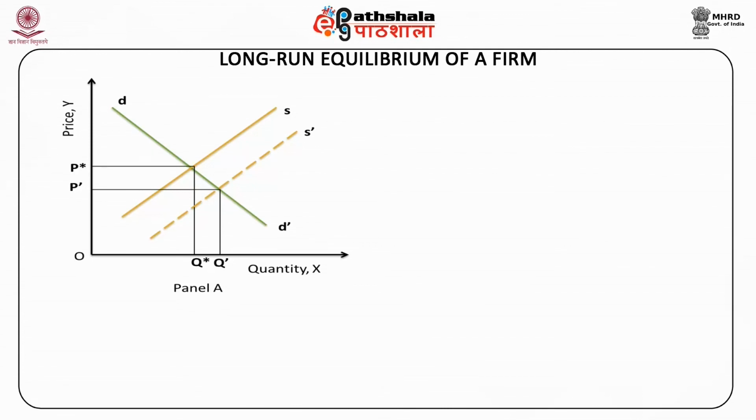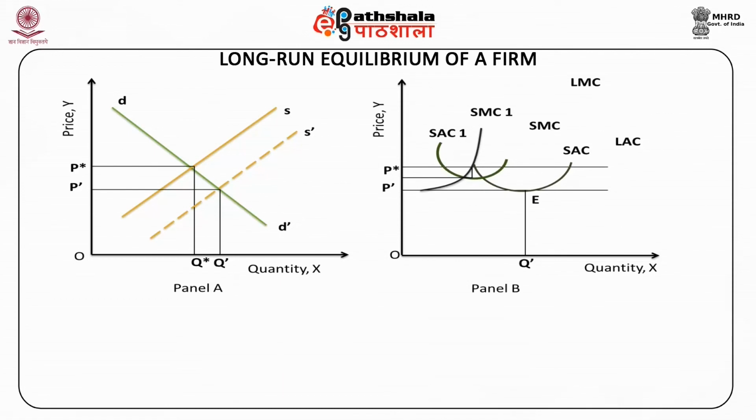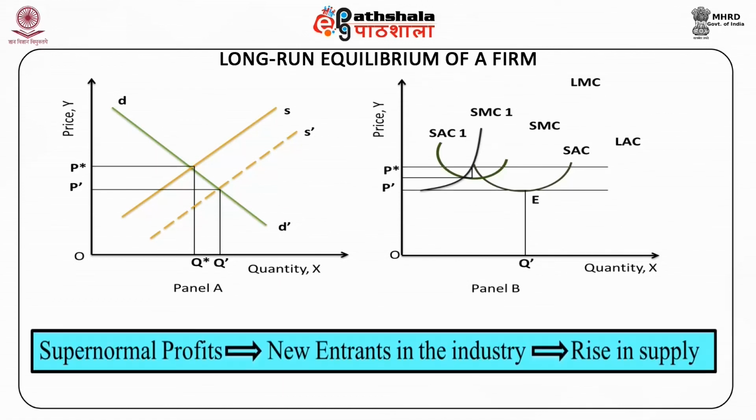First, let us start with the long run equilibrium for firms. In a competitive market, in the long run, all the firms produce at the lowest point on their long-run average cost curve and get normal profit, as shown by the point E in panel B. The firm is making supernormal profits at price P star, working with the plant whose average cost is SAC1.